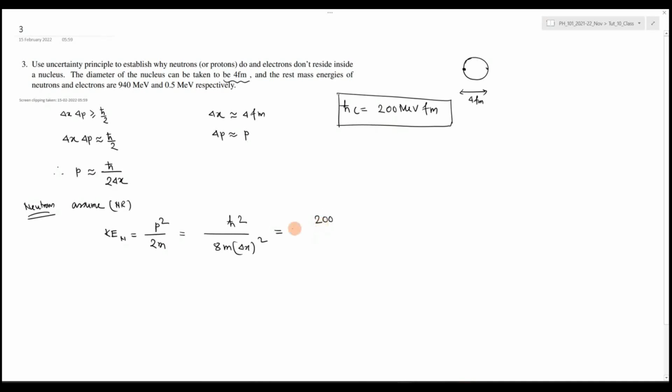So this will be okay. Let me multiply with c square on both top and bottom. So this will become m c square delta x whole square.